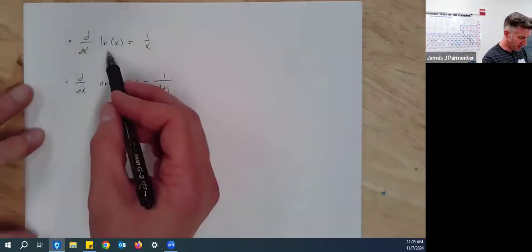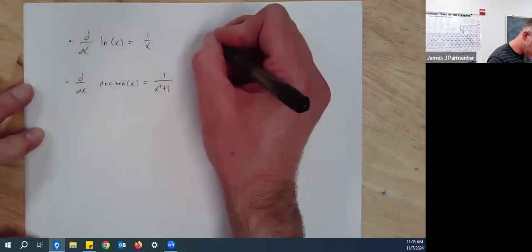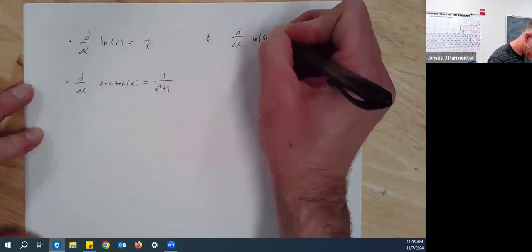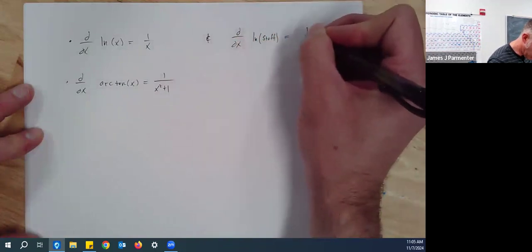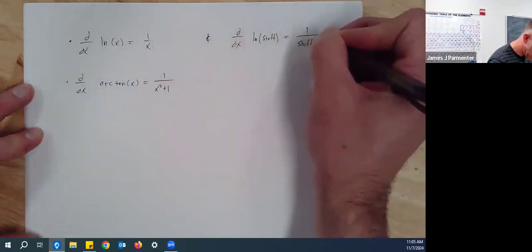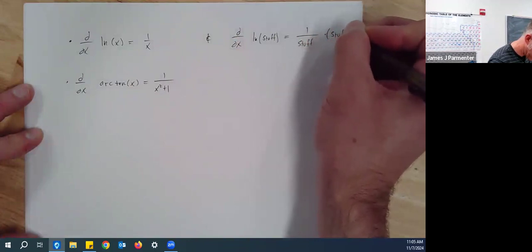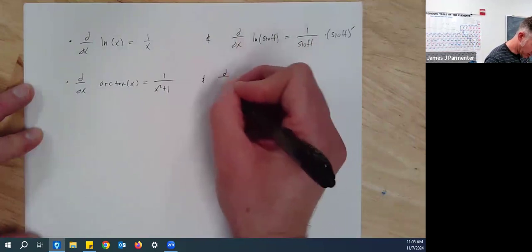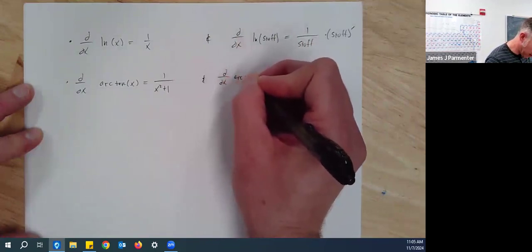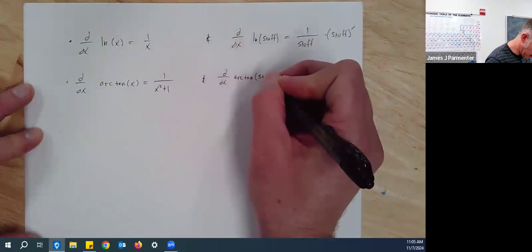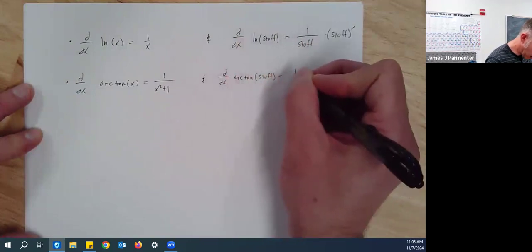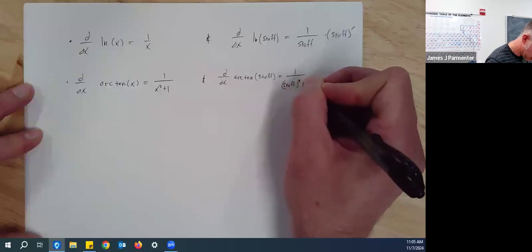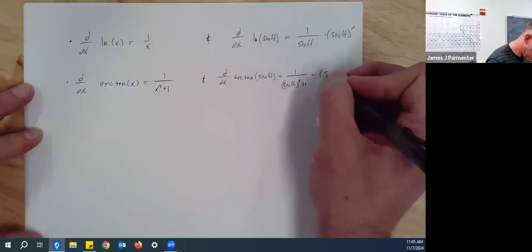So if the derivative of the natural log of x is 1 over x, that also means the derivative of the natural log of some stuff is going to be 1 over the stuff times the derivative of the stuff. And similarly, the derivative of the arctangent or inverse tangent of some stuff is going to be 1 over the stuff squared plus 1 times the derivative of the stuff.